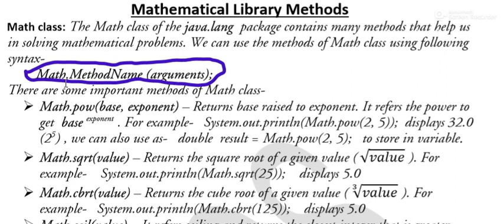There is no need to create an object to use any method of the Math class because all methods are declared as static. So we just call any method by using the class name and the method name.